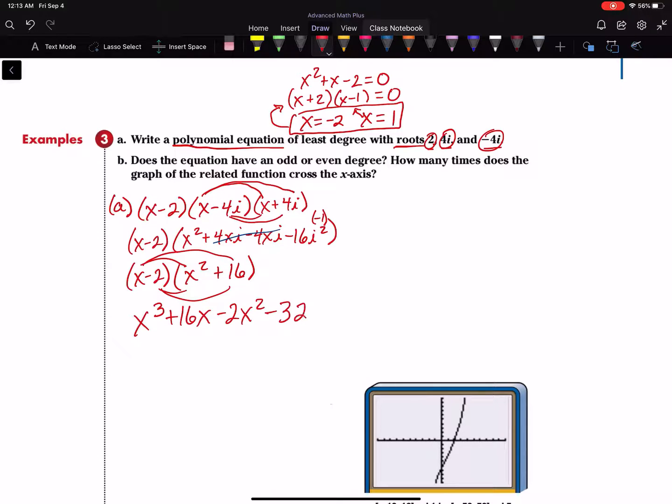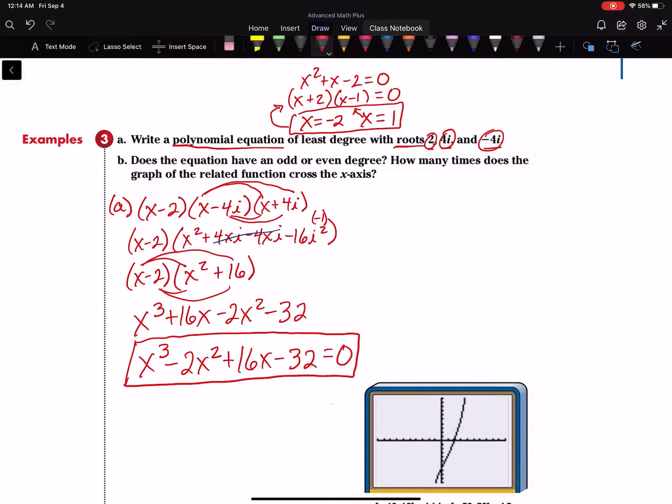And you just want to make sure you write that in the right order. You always want to go highest exponent to smallest exponent for it to be correct. So this would be my polynomial equation of least degree.